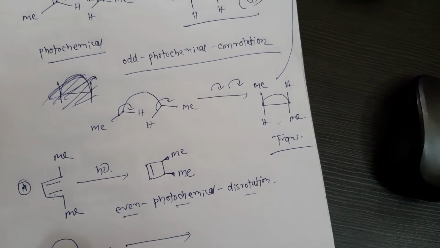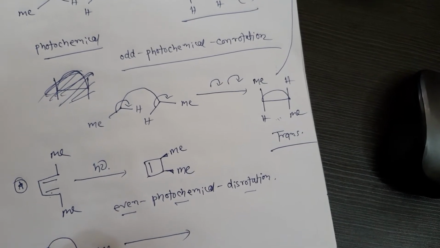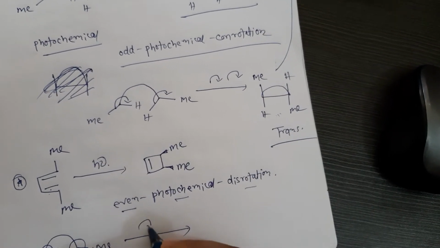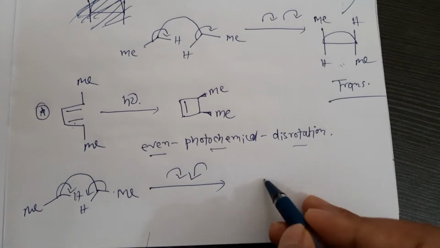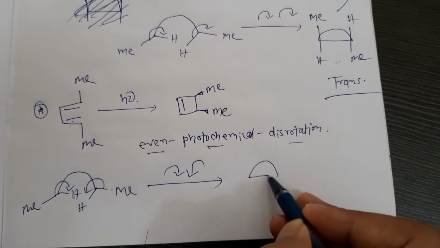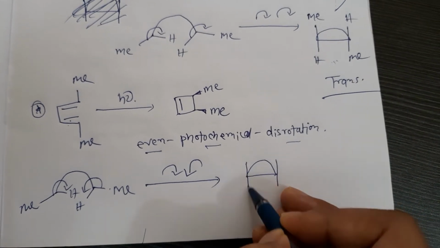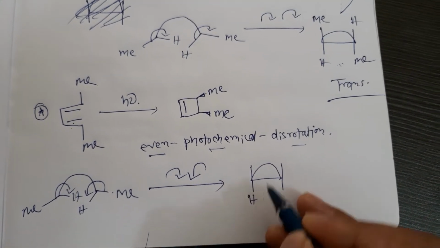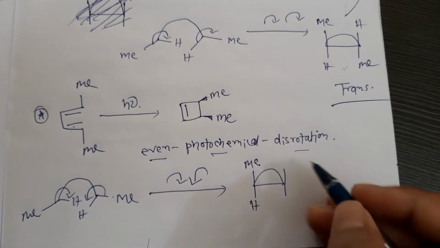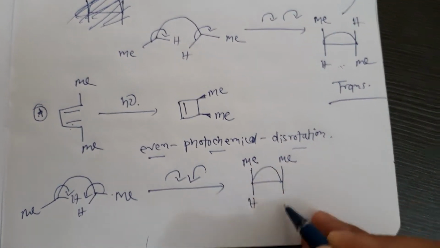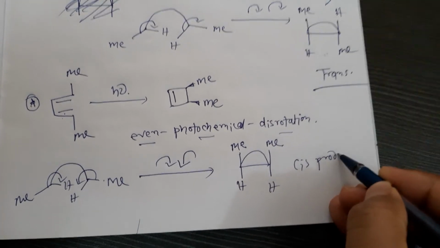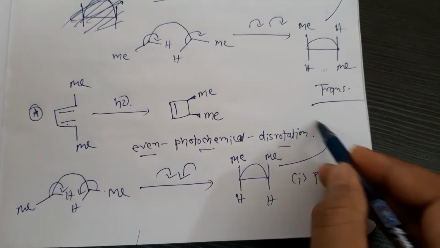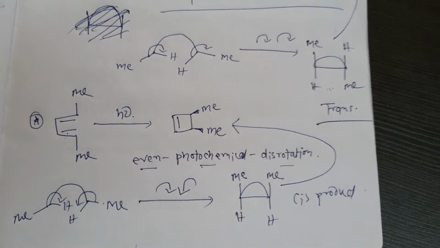This type of rotation, this and this, will give hydrogen, methyl, here methyl, here hydrogen. So this is the cis product. This cis geometry is formed.